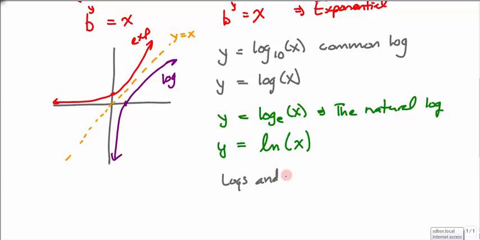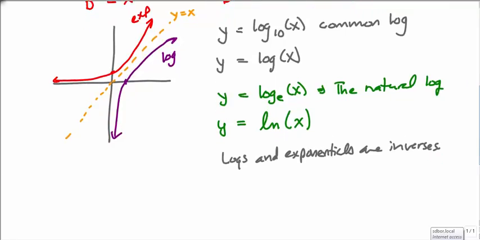Now the bases have to be the same, but you kind of get the general idea. If we can match up those common bases, they're inverses of each other. So this is the basic log graph. So if we were to talk about the log graph without a transformation, let's go ahead and talk about its domain and range.